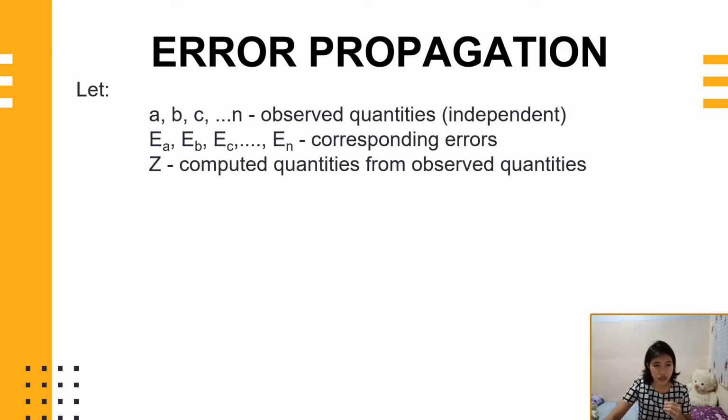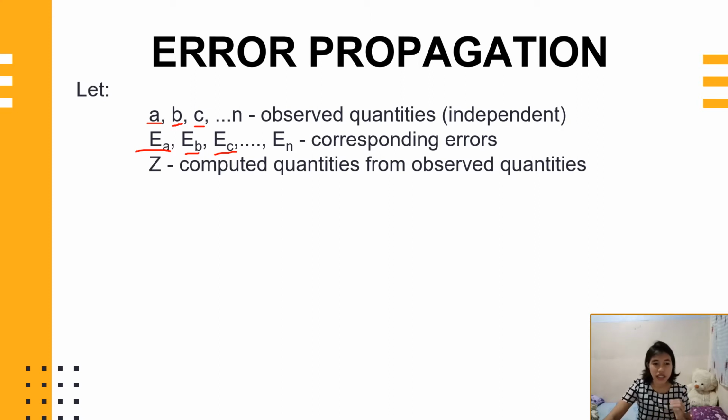So we have also here E sub A, that is the error attained in measuring A. Meron tayong E sub B, ito yung estimated error na na-attain upon measuring quantity B. Meron tayong E sub C, ito yung error, again, na na-attain natin upon measuring C.